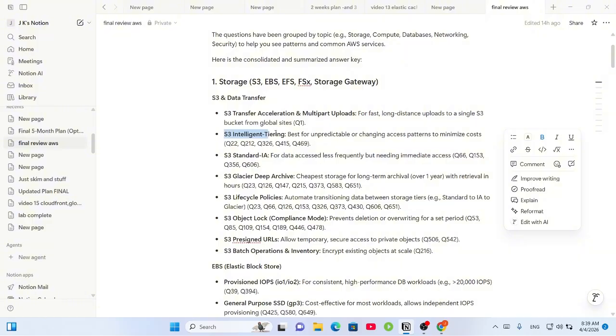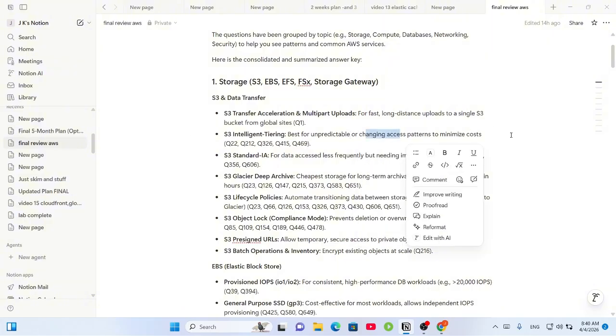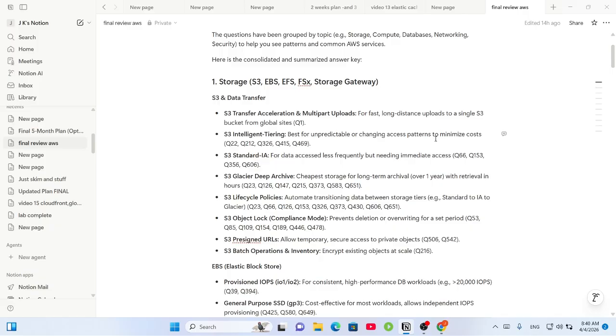S3 Intelligent-Tiering is best for unpredictable or changing access patterns to minimize costs. We've talked about this also. What's Intelligent-Tiering? Basically, it decides. Let's say you have data inside an S3 bucket, and sometimes you're frequently accessing this data, but sometimes you're not accessing it for a long time. So it's unpredictable, the access pattern is changing.